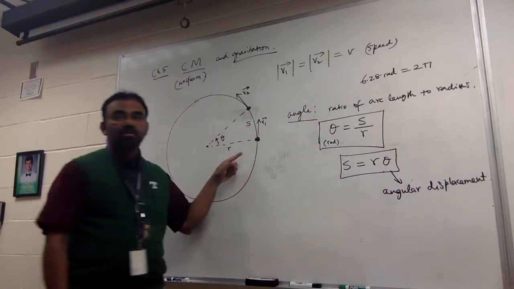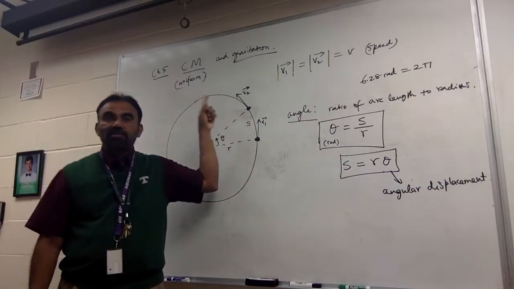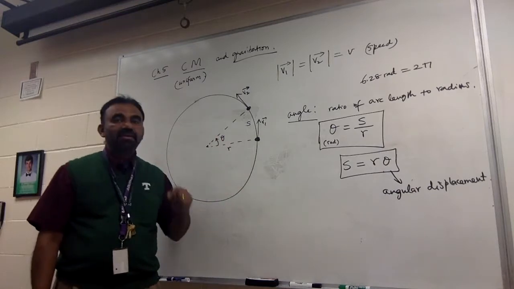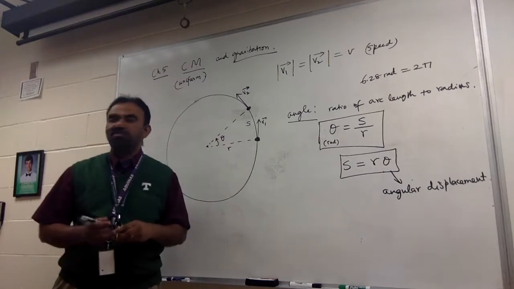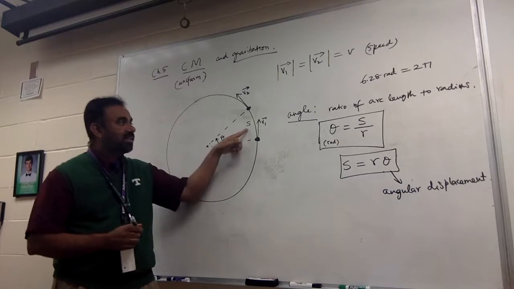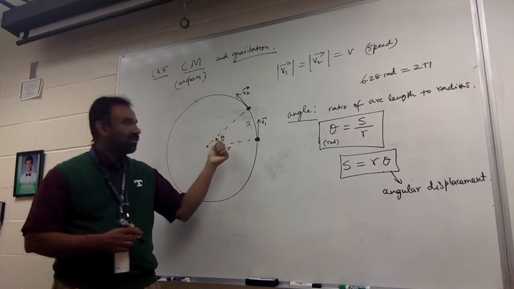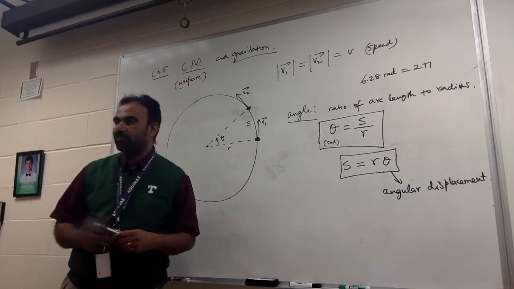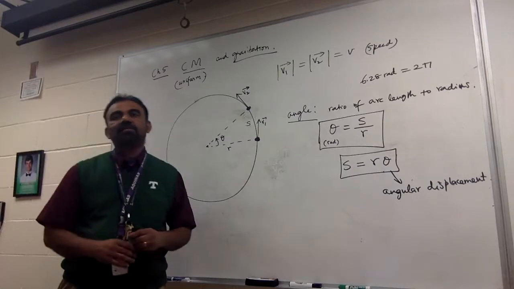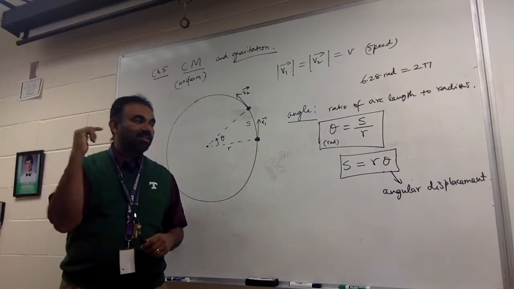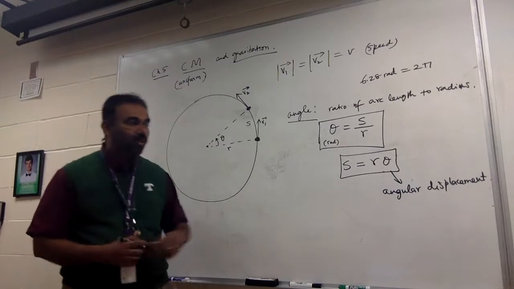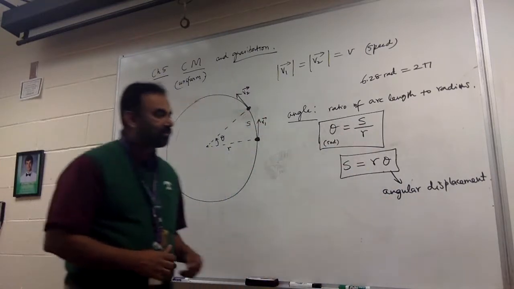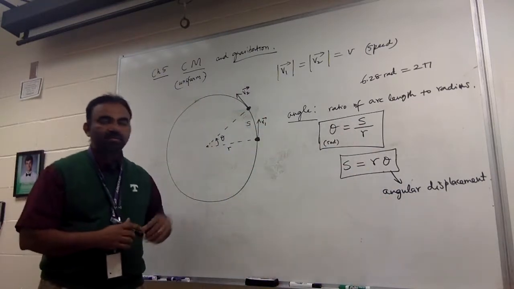Because when you're talking about something that's moving round and round, we're talking about theta as a kind of displacement. It's not a linear displacement. This is a linear displacement. But this is called the angular displacement. It describes angles. So when something is spinning, it describes the angles. And so we call it angular displacement. Unit, radians. Okay?